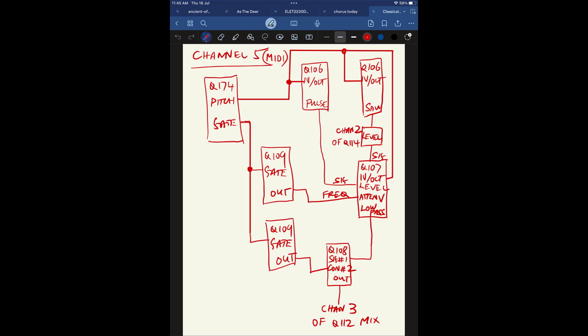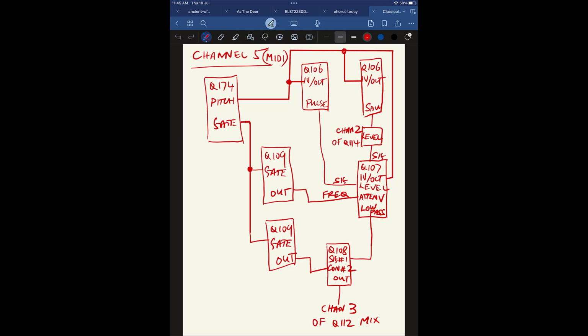So we send the oscillator signal there, and channel 2 of our Q114 controls the level, and then the output from channel 2 of the 114 goes into the unattenuated signal input of the Q107.